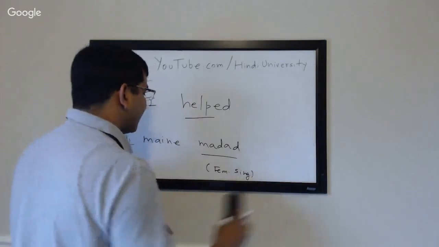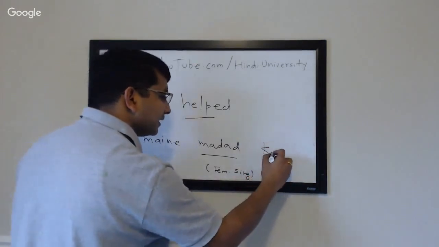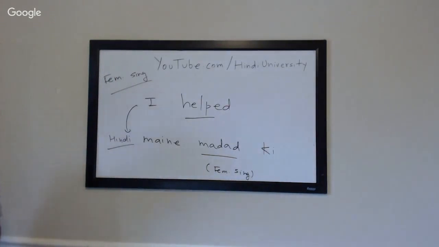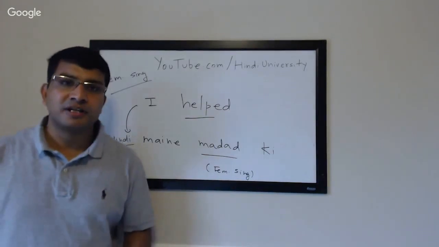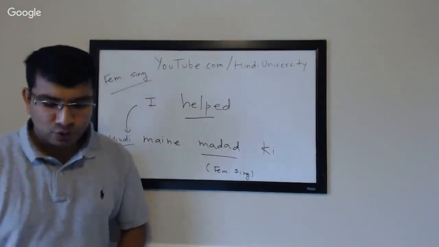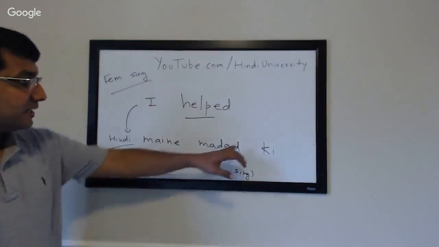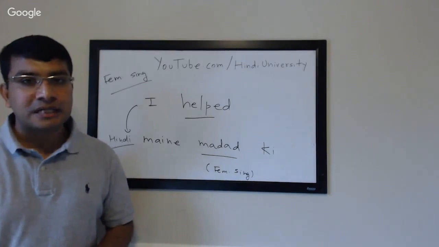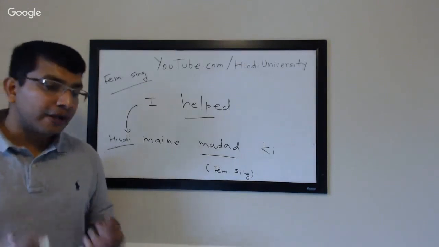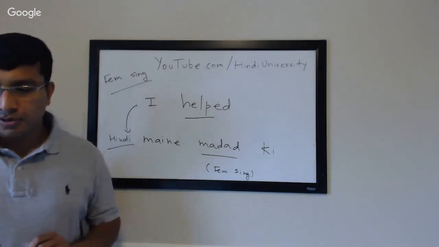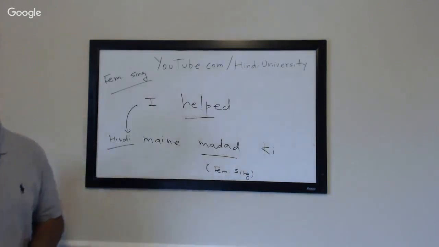Okay, so you say मैंने मदद की. Okay, so simple, right? मैंने मदद की, मैंने पूजा की, मैंने swimming की, मैंने poetry की. So next time when you are seeing this in the past, it should be fairly simple for you, or at least it should give you enough tools to dissect it one by one and figure out what is being said in the sentence.